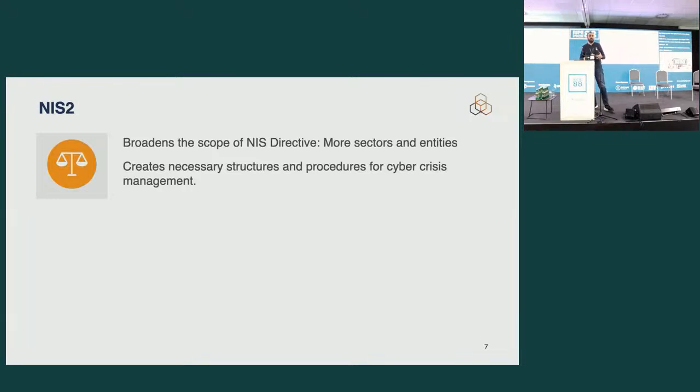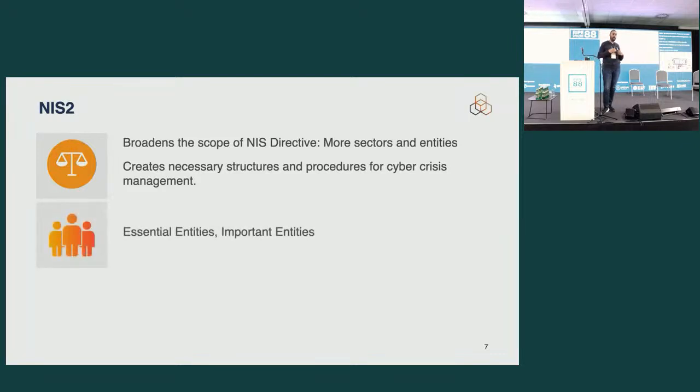It defines the thresholds of the security incidents that happen, so at what point these entities should start reporting, and to whom they report. This applies to either essential entities or important entities.